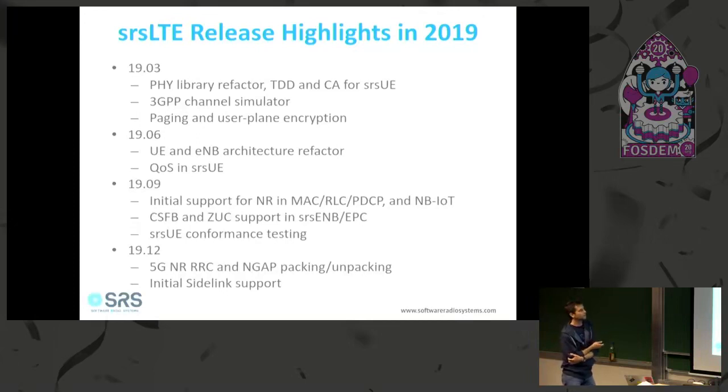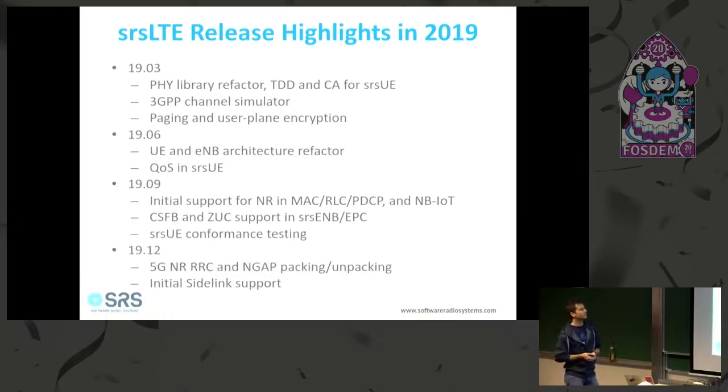In 1906 and 1909, we used those 2 releases to refactor a big portion of our protocol stack. So there haven't been a lot of features added in those releases. We focused on preparing it and making it scalable for all the developments that we were planning to do.